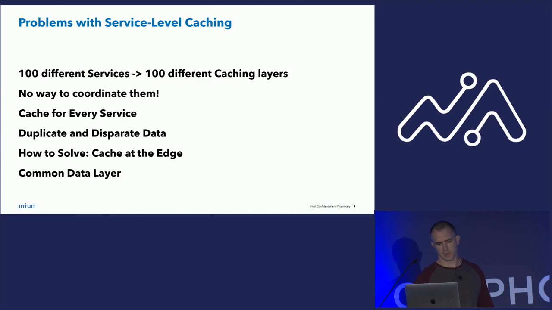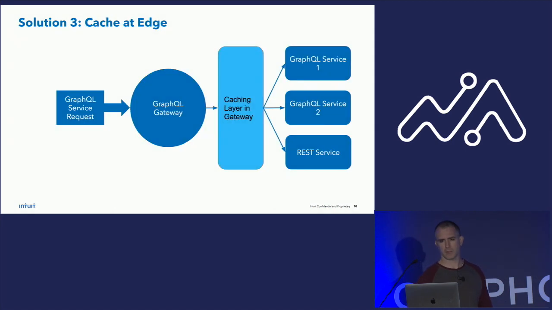So how to solve it: cache at the edge, the point of this talk, or at least my title. But really you should think of this as trying to get a common data layer, or at least a common L1 cache, right? That's what light blue is here.